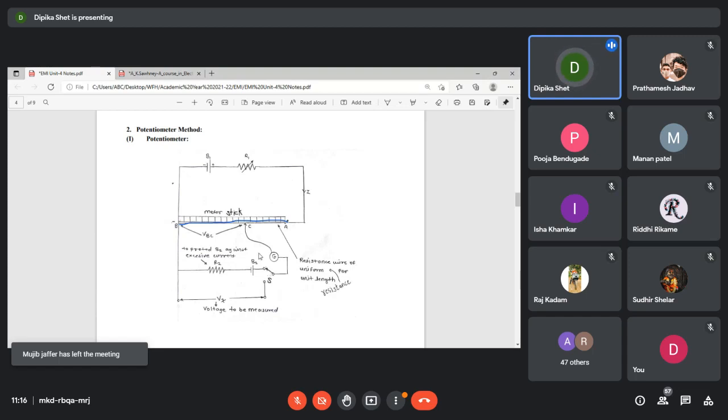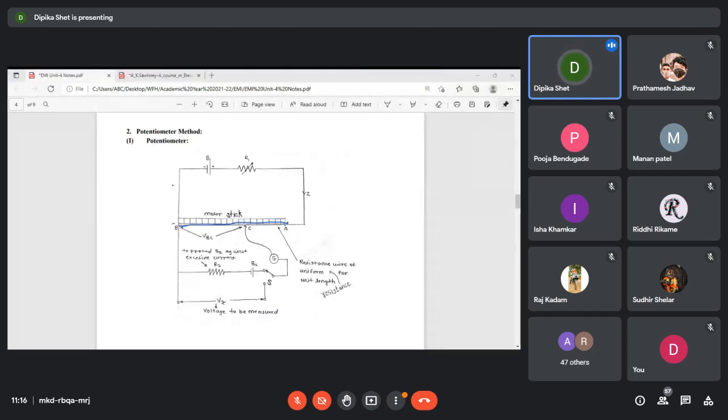Did you get this construction of the potentiometer? It has two circuits, primary and secondary. The primary circuit includes the resistance R and battery B1, which supplies current through wire AB.